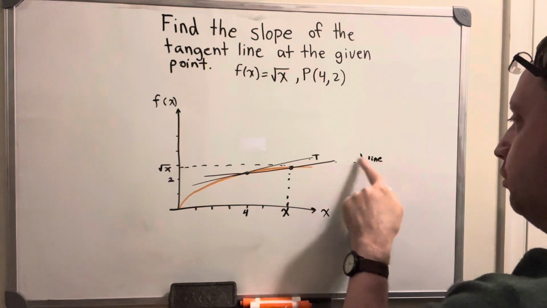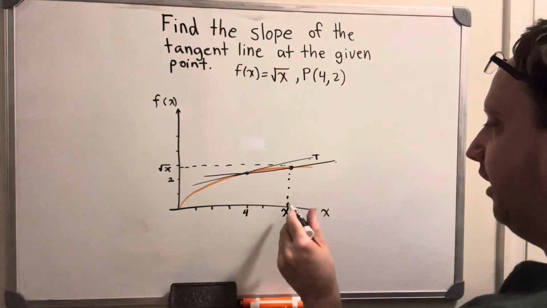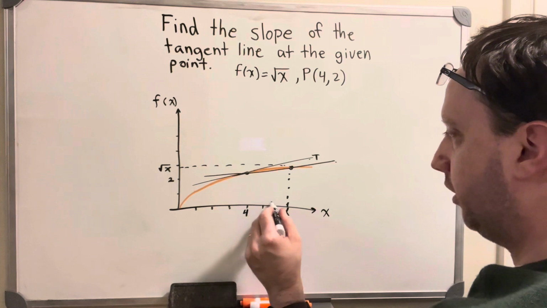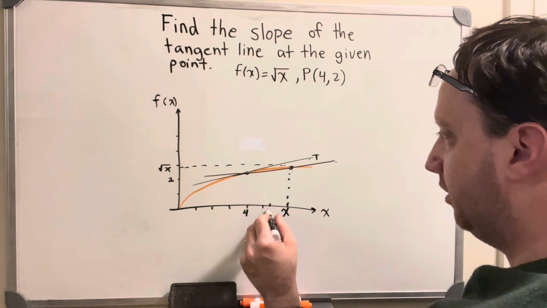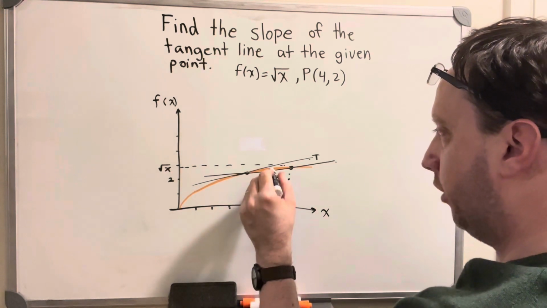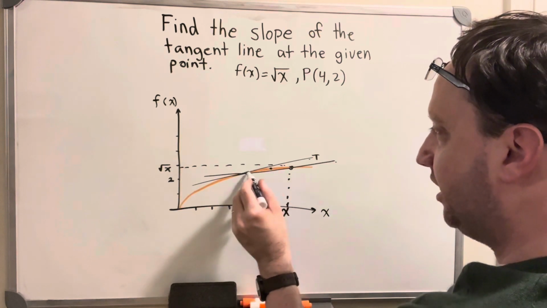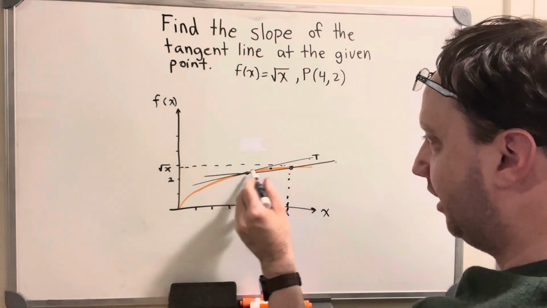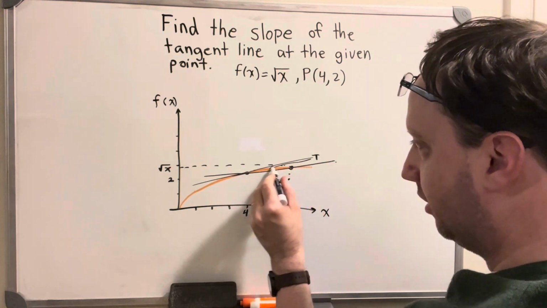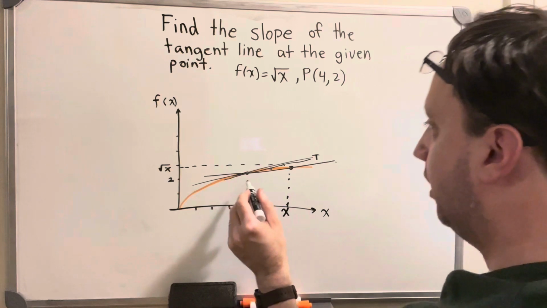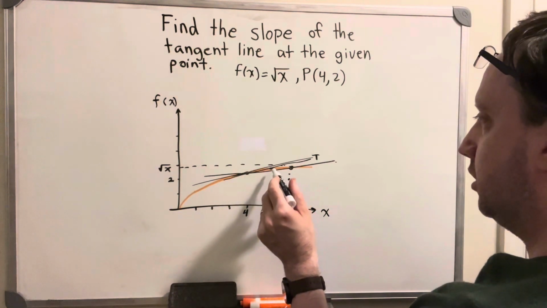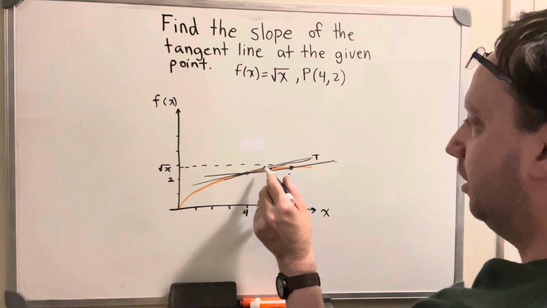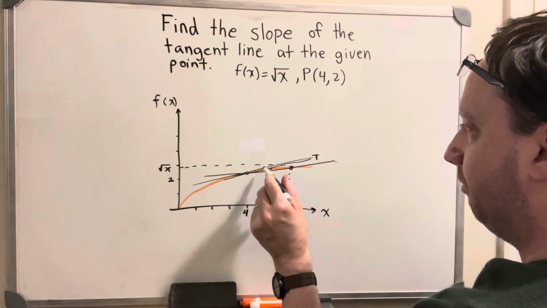Now, if you drew x closer to this point, and if you drew its point right here, then the secant line connecting the point of interest and this point, look, its slope is getting closer and closer, approximating the tangent line.